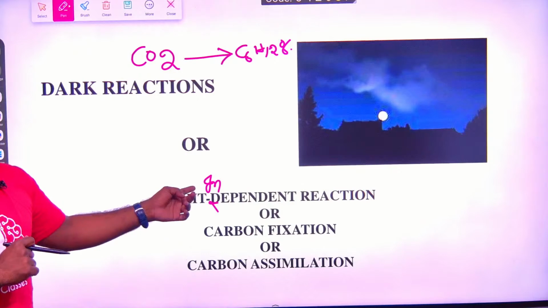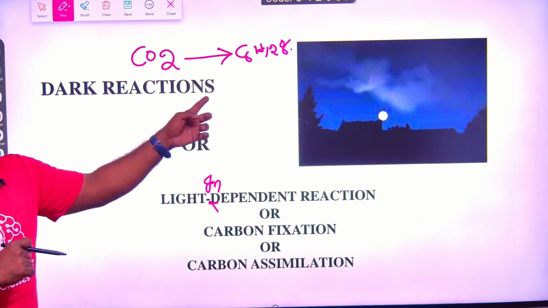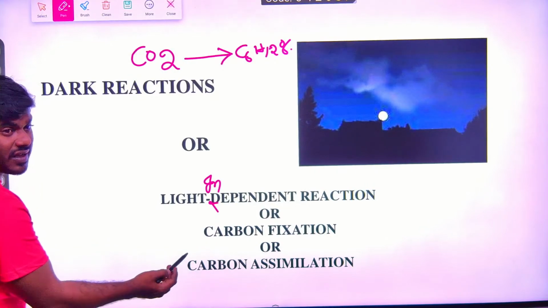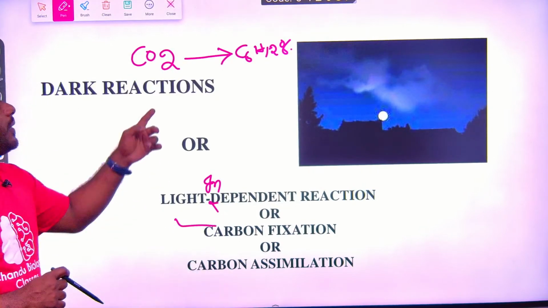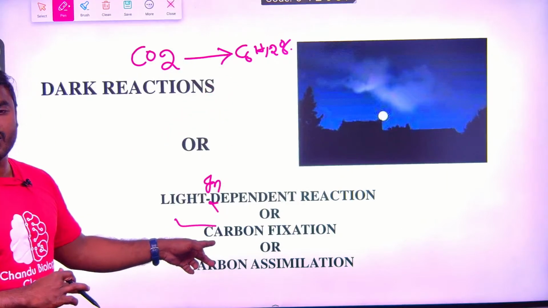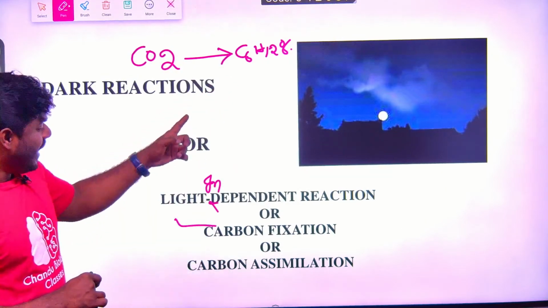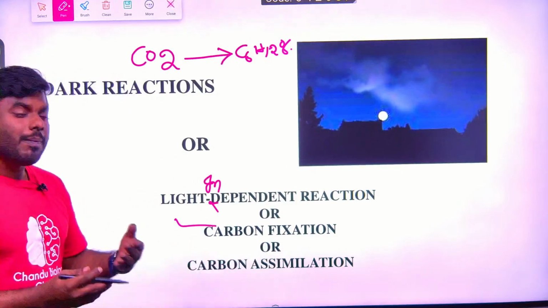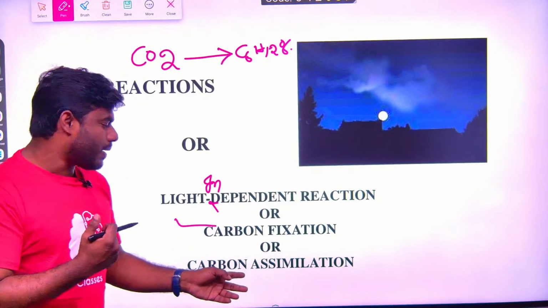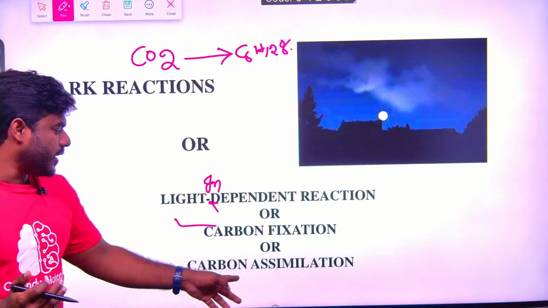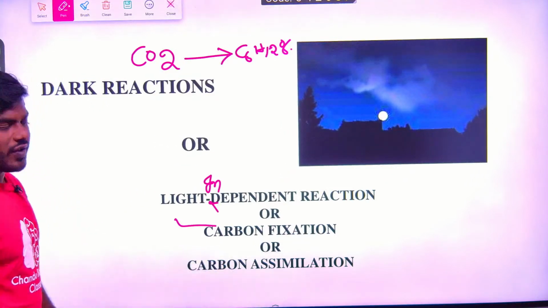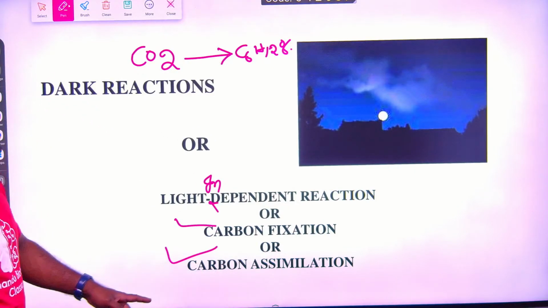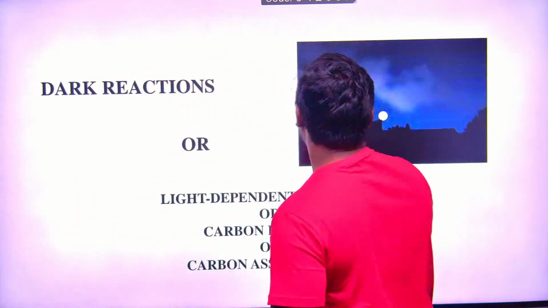Whether light is present or absent doesn't matter, they always take place. Because we are fixing carbon into glucose, we can call it carbon fixation. At the same time, we are assimilating the carbon. What does it mean? Plants assimilate, incorporate the carbon to use it into sugars. That's why we also call them carbon assimilation reactions. No point in getting confused there.